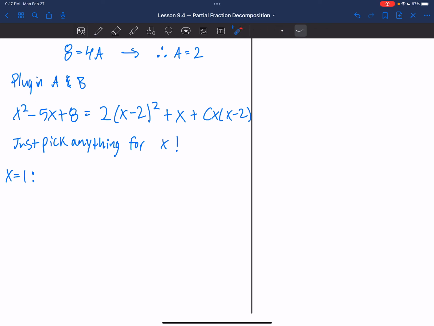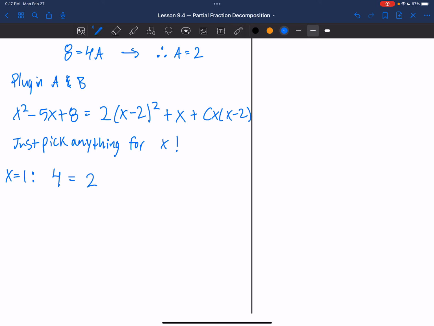Looking at this term, 1 squared minus 5 times 1 plus 8. That's 1 minus 5 plus 8. That's negative 4 plus 8. That's 4. So that's 4 equals 2 times 1 minus 2 squared. That's 2 times negative 1 squared, that's 2 times positive 1.